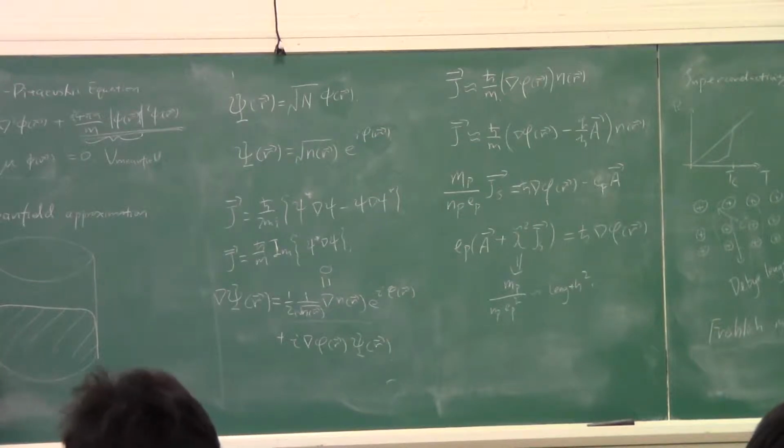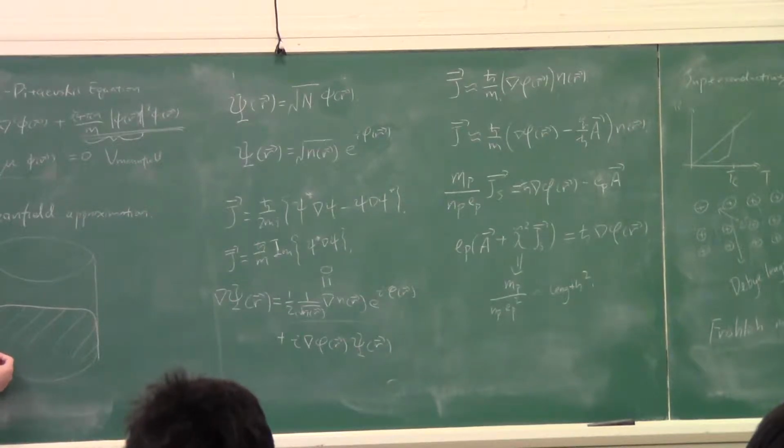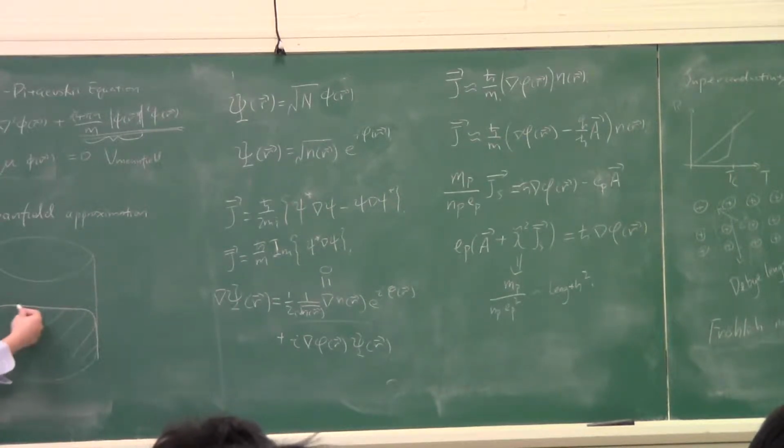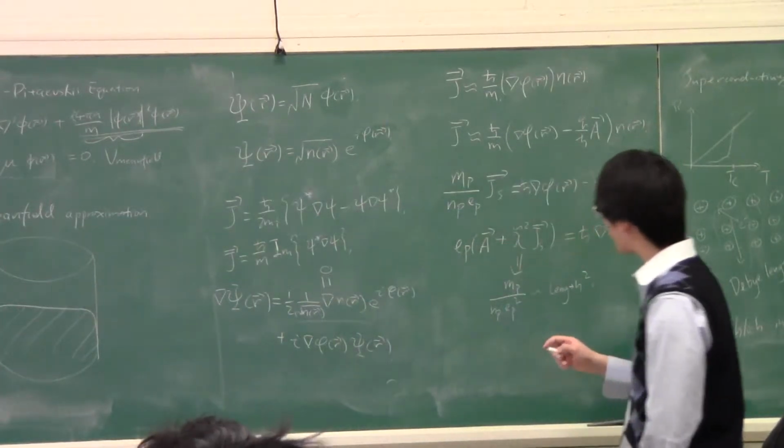So at the boundary, it must go to 0 because we're requiring it to be a hard wall boundary condition. And then the wave function heals itself, goes back to the constant value within approximately this range of length. Okay. So that's the healing length.